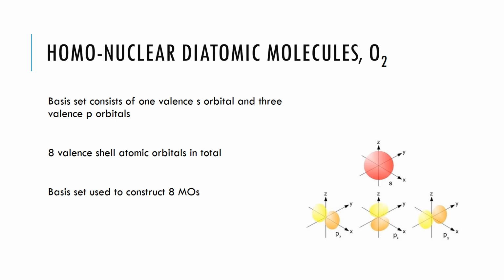A good example of one that's slightly more complex is oxygen, where 2 oxygen atoms are going to bond together. But there are more atomic orbitals now involved for overlap. And here the basis set consists of 1 valence s orbital and 3 valence p orbitals.